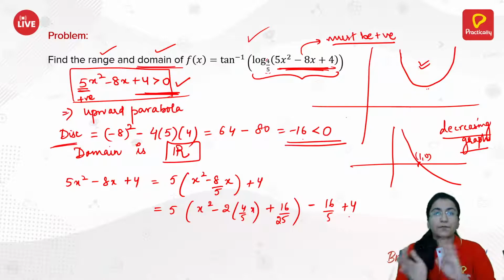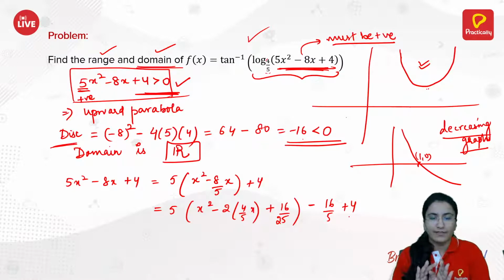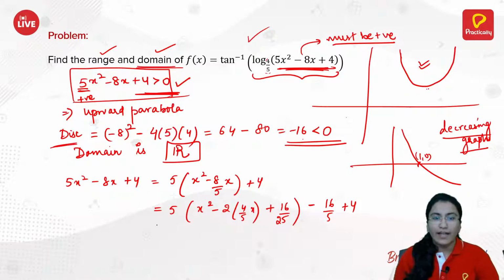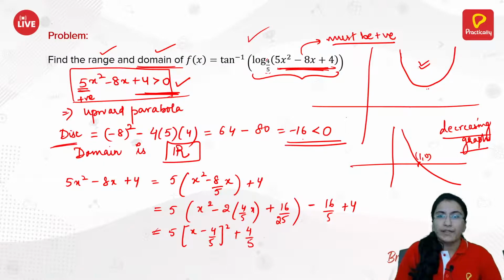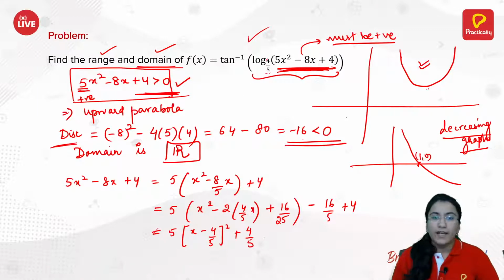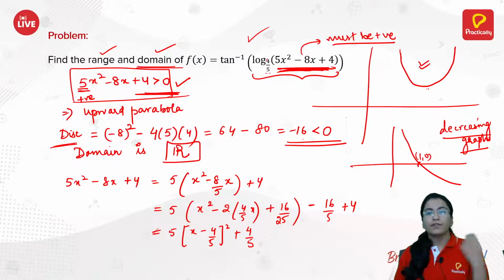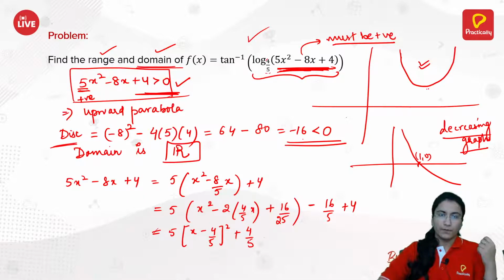We are completing the square, that's it. So you can write this value to be equal to 5 into x minus 4 by 5 square of this, plus 4 by 5. This is your expression.